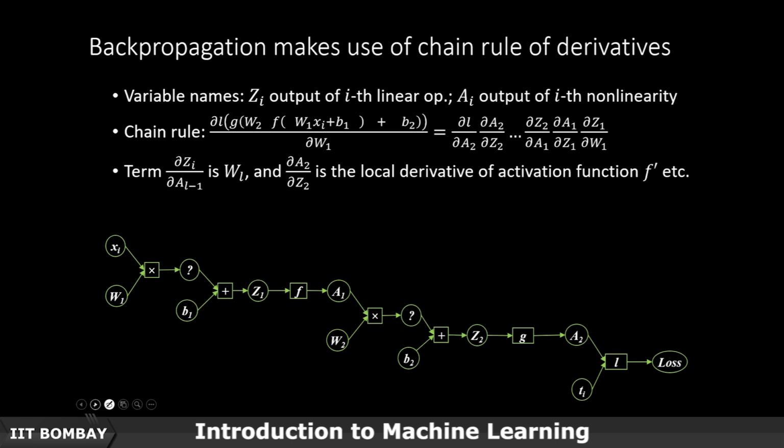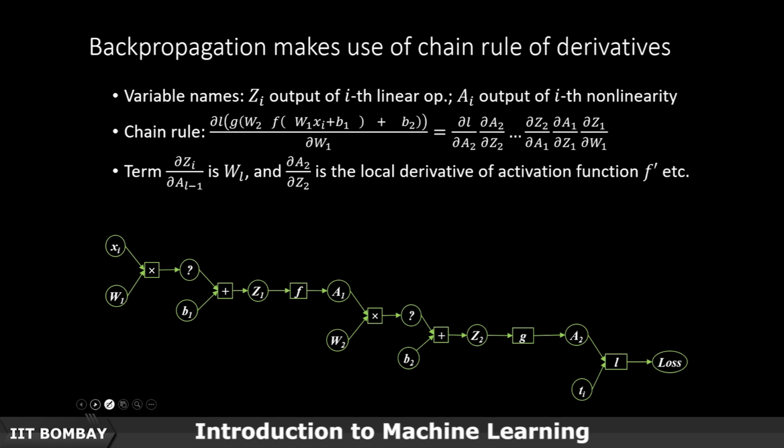Let's assume we have a two-layer neural network where everything has dimension 1 for convenience, but later on we will see how to expand the dimension so that we can deal with vector derivatives, matrices of weights, vectors of biases and so forth. For now let's assume that everything is just a scalar.